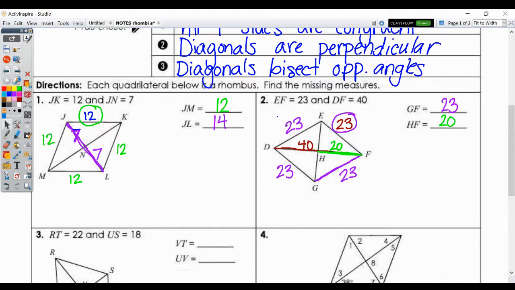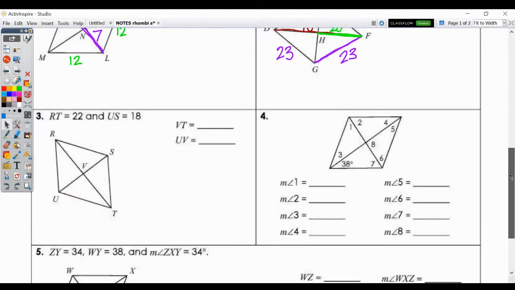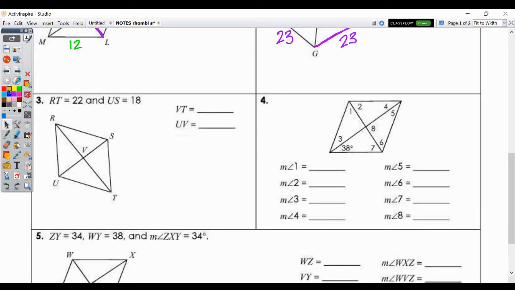Okay, let's scoot down to number 3. RT is 22. So that means from R to T is 22. And then U to S is 18.